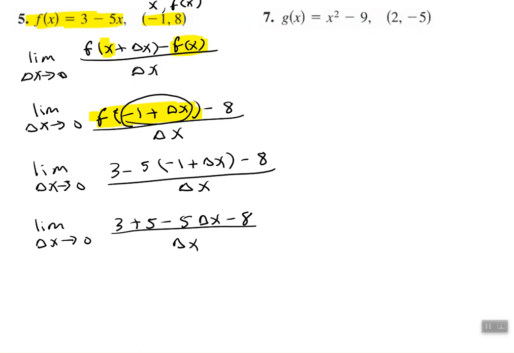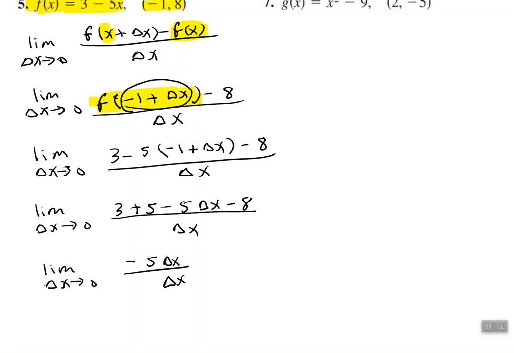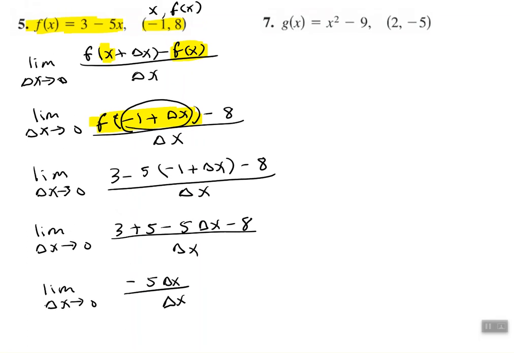So that leaves me with -5 times delta x over delta x. And then I can simplify that just a little bit more by canceling out those delta x's.